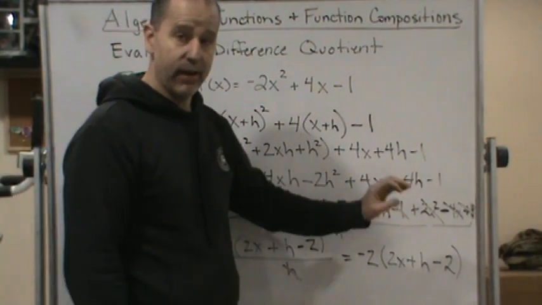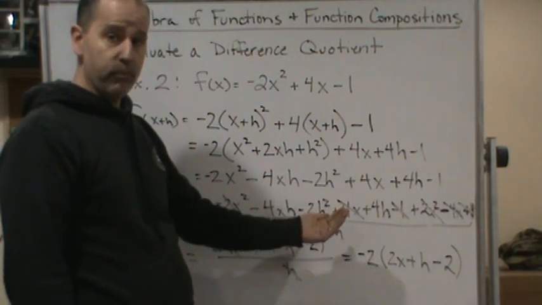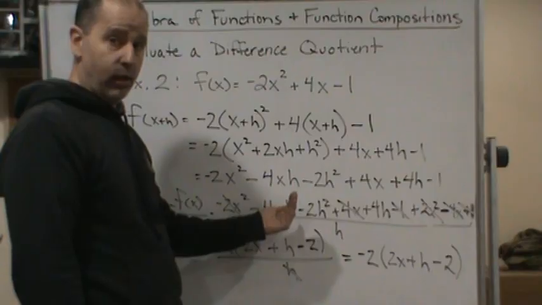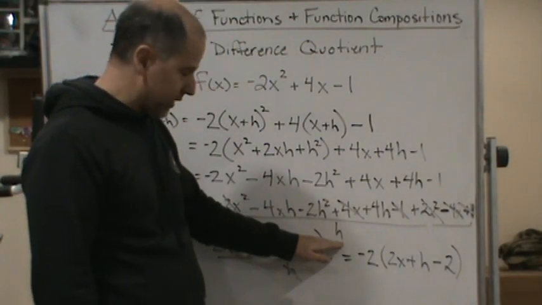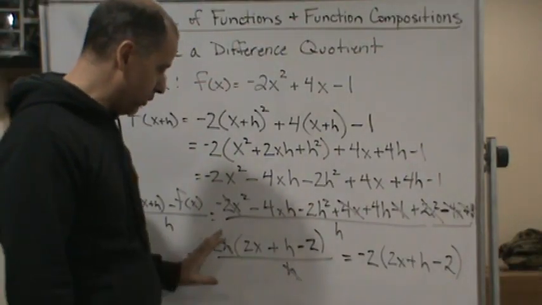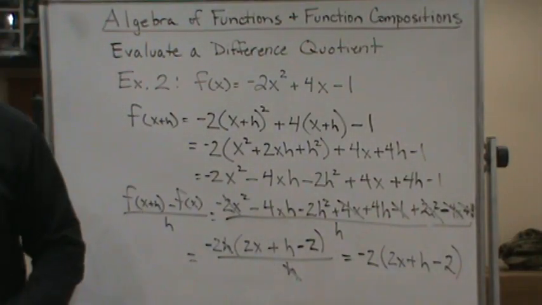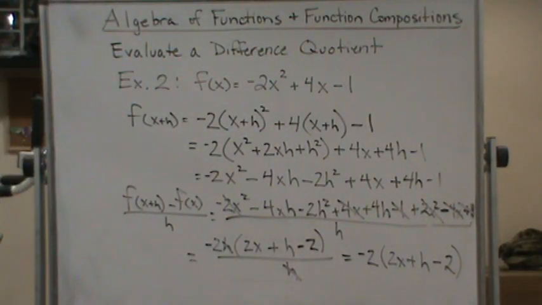The only terms left over are going to be the terms that you can factor an h out of, and then you can cancel with the h in the denominator, and then you have your final expression. So just keep that in mind, take your time, and try not to make mistakes.